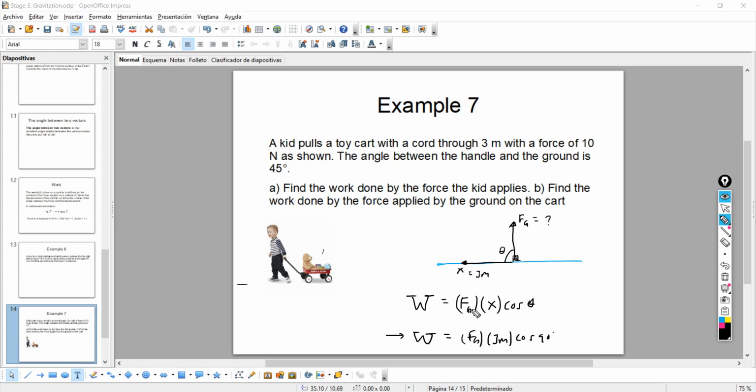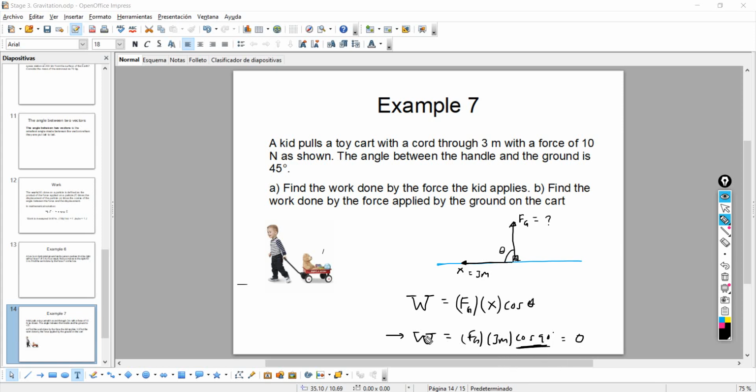Now, I told you that we don't really have to know this force. Why? Because take your calculator and calculate the cosine of 90 degrees. Do it, and you will get 0. Cosine of 90 degrees is 0. So it doesn't matter what value this force is. Ultimately, all of this will be 0, because whatever this value is, times 3 times 0 will be 0.